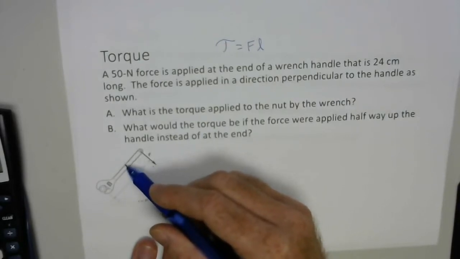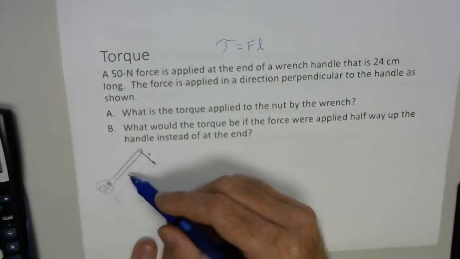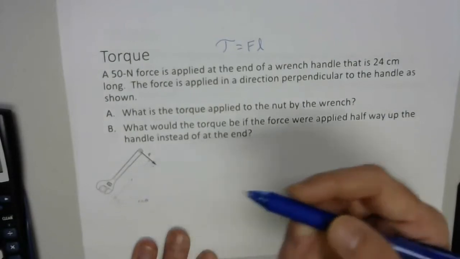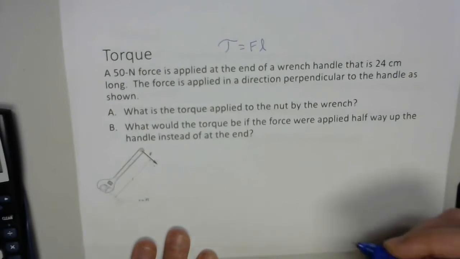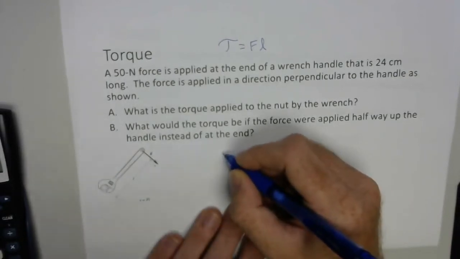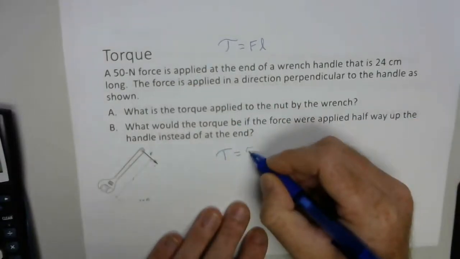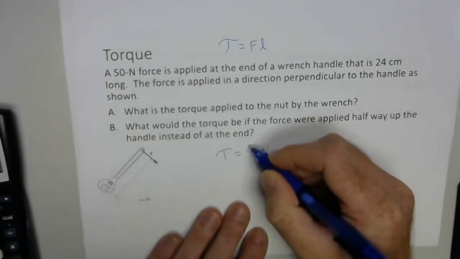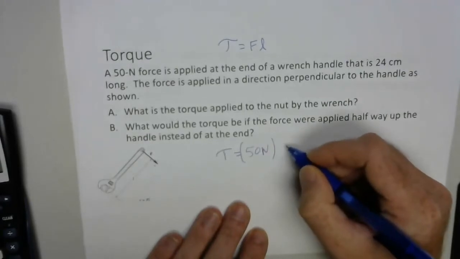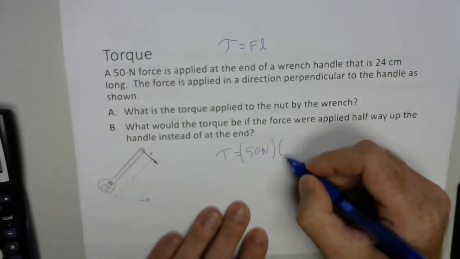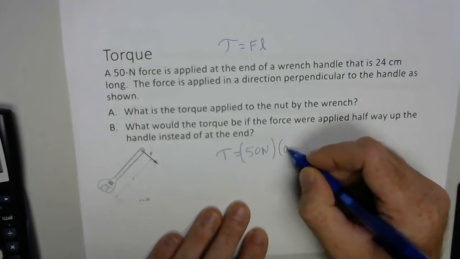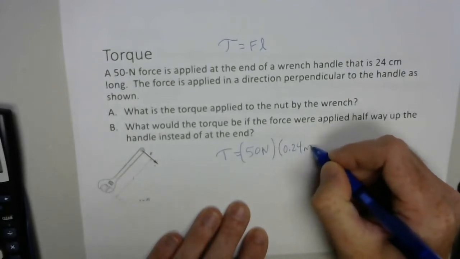But it depends on where you grab it. If you only grab it here, then your length of the lever arm is less, and therefore your torque is less. In this case, we apply a 50 Newton force, and the length of the lever arm is 24 centimeters, 0.24 meters.